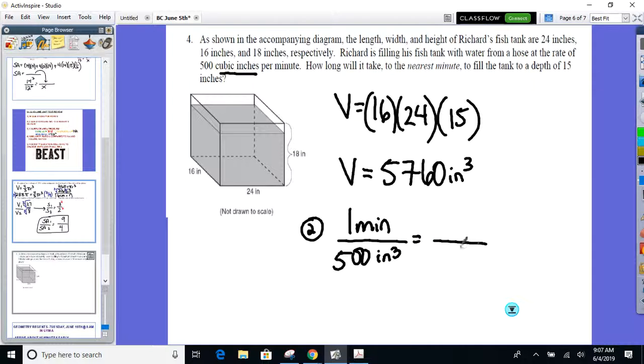Units across from units, 5,760. So it looks like you end up dividing by 500. And we are looking to the nearest minute here, to the nearest minute.